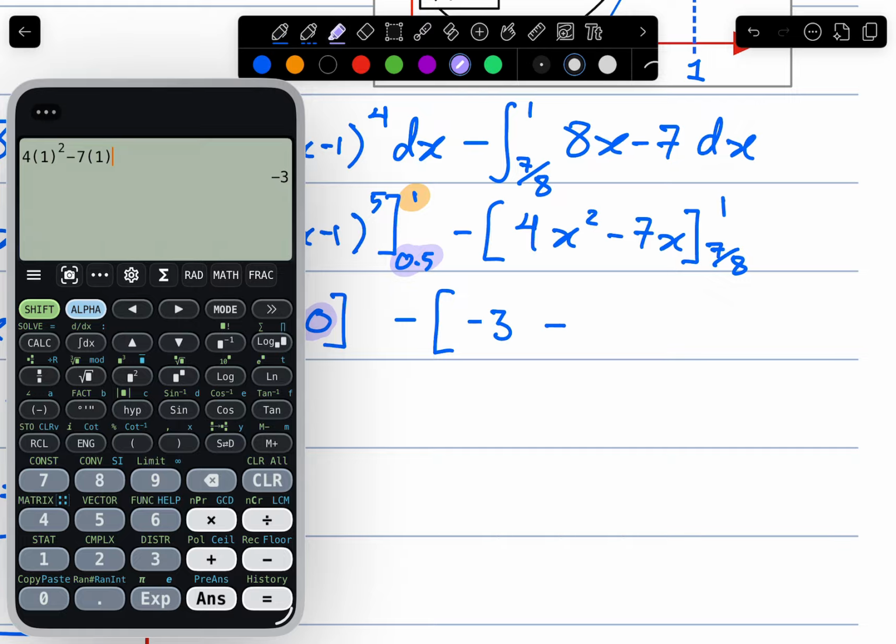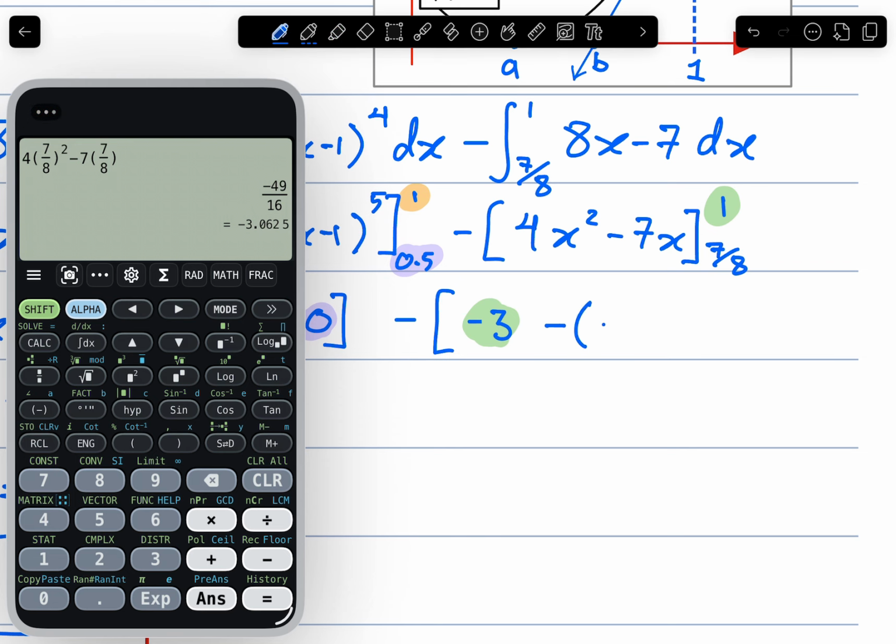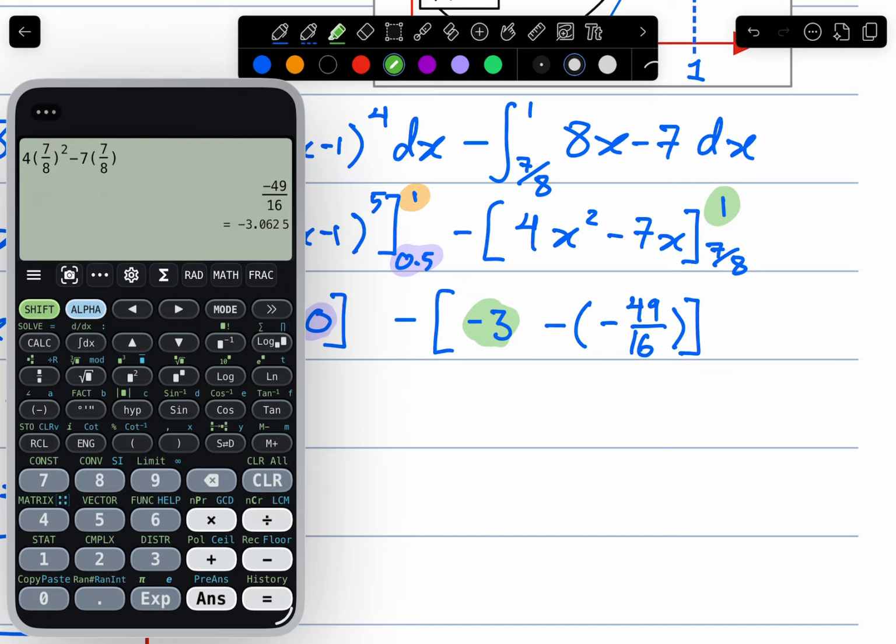Minus, and I'll color code that one as well, minus, and this next one, substituting 7 on 8, 4 times (7 on 8) squared minus 7 times 7 on 8. This gives me negative 49 on 16. And again, color coding that in so we don't get confused as to which I'm doing.